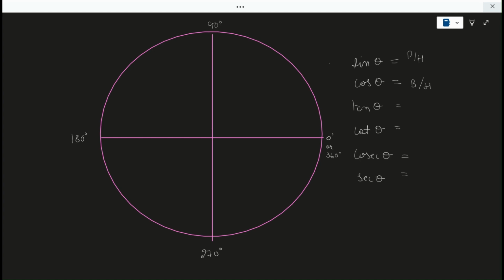Cos was base upon hypotenuse. Tan was perpendicular upon base. Then we have cot as base upon perpendicular, that is also equal to 1 upon tan theta. Then we have cosecant theta, that is hypotenuse upon perpendicular, also equal to 1 over sine theta. Then we have secant theta, that is hypotenuse upon base, and we have this as 1 upon cos theta.